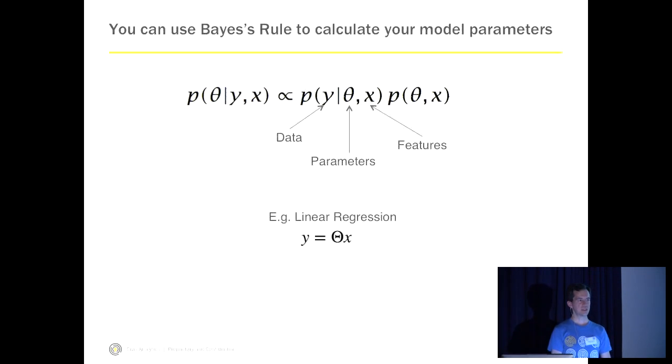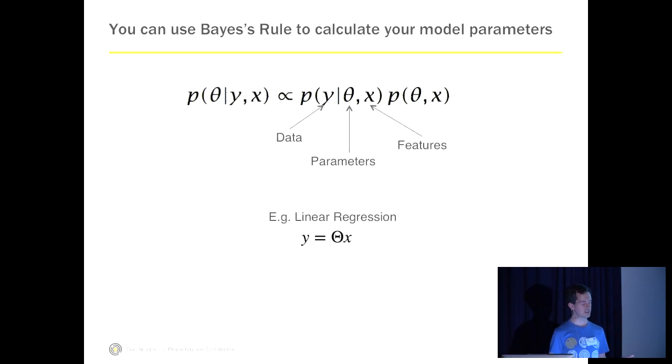Now, parameters is whatever it is in your model that's tunable, but using linear regression as the basic example, the parameters are your coefficients. You're multiplying a vector of coefficients by your vector of features, and you get y. And what you're trying to do in inference is figure out what are those coefficients.